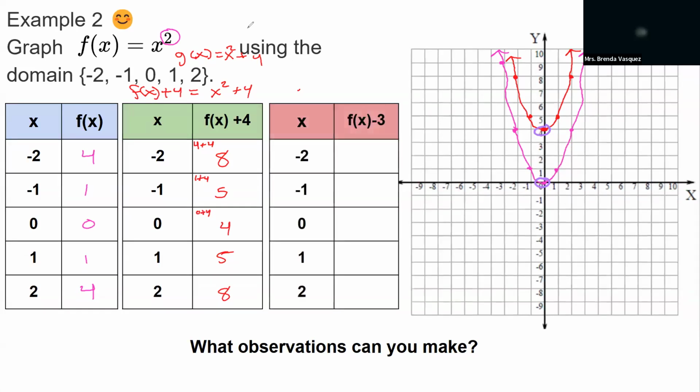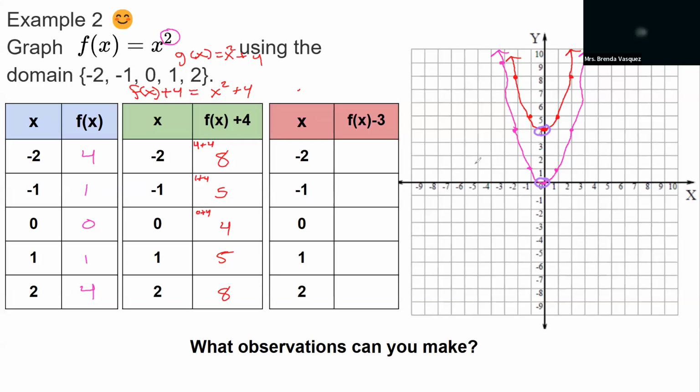f of x minus 3. So make a prediction. What's going to happen to my graph? What is going to happen to my values? What should my graph look like on the other side? And also write your new function. What would happen to my new parent function? Whenever we're subtracting 3, we're shifting it down 3.